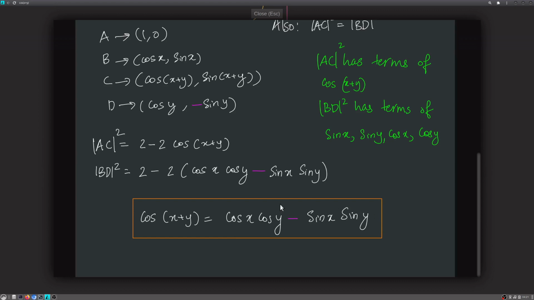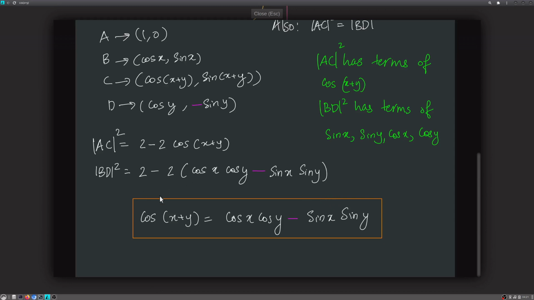The entire thing was possible because in the single angle case, the sin X term disappeared because it was a square and it added up with the cos square X, and it gave us 1. Since the sin term disappeared, we were able to use this method to get a relationship between cos(X plus Y) and these terms.